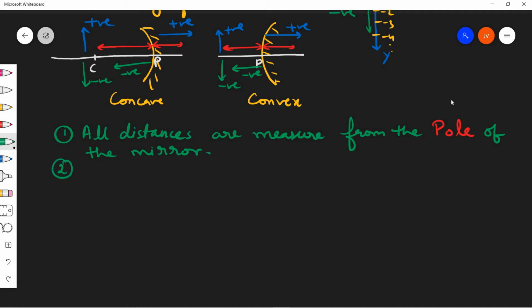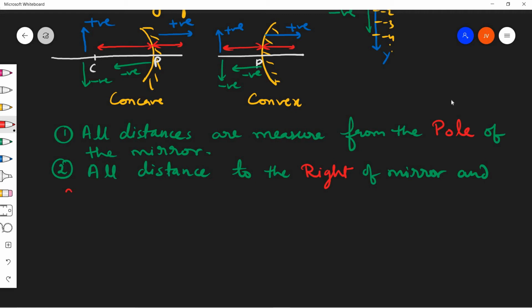Second point is all distances to the right of mirror and above principal axis. All distances to the right of mirror and above principal axis are taken positive.